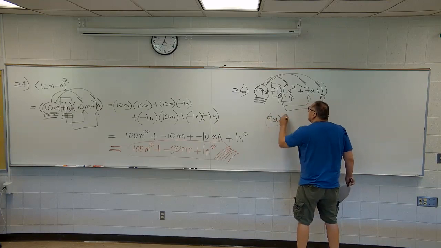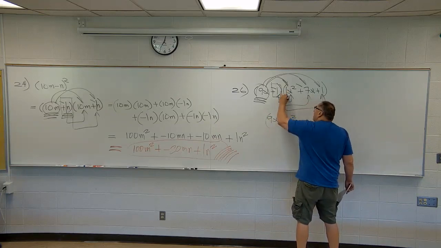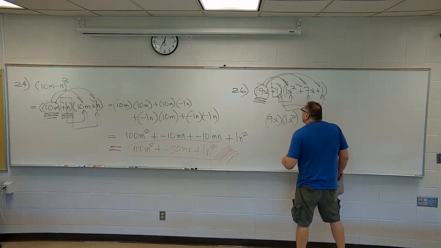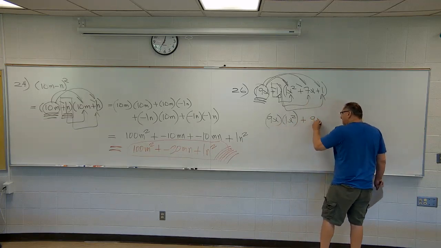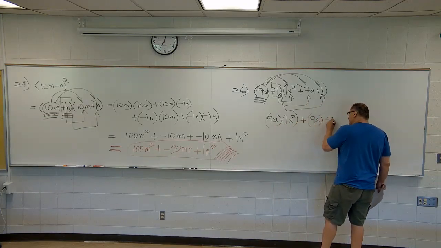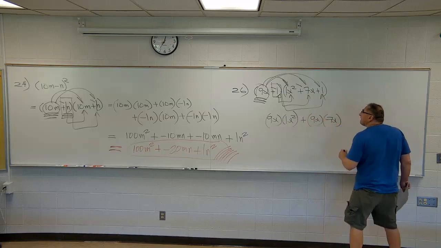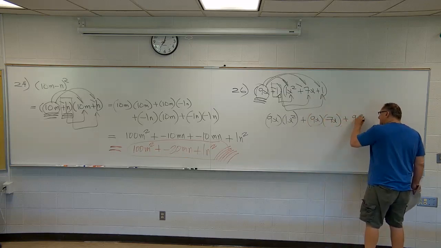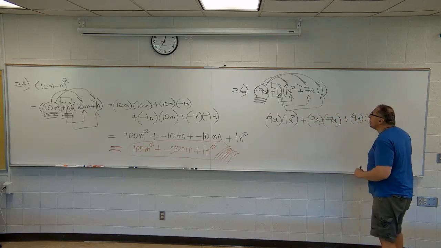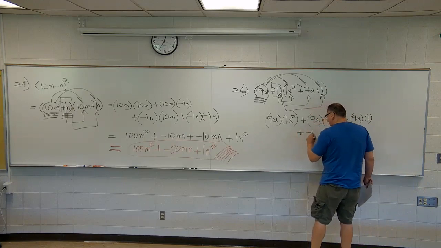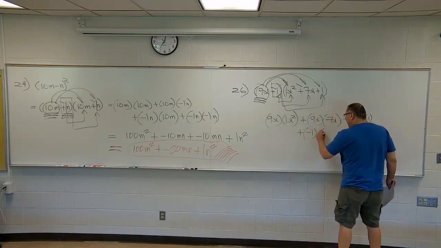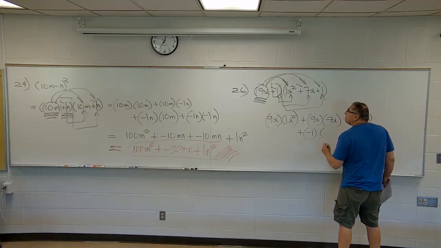9x times 1x squared. 9x times negative 1 times 1x squared.